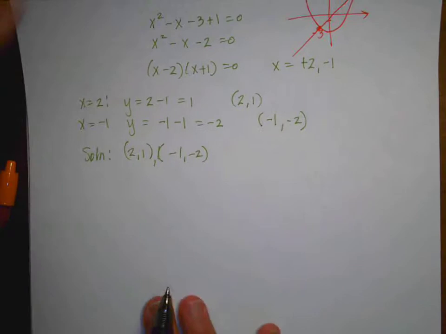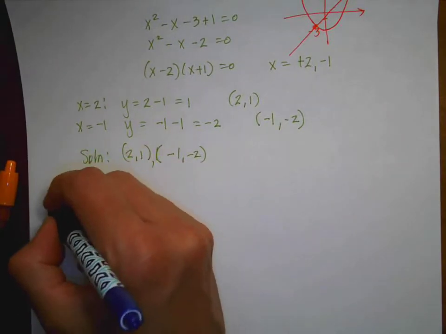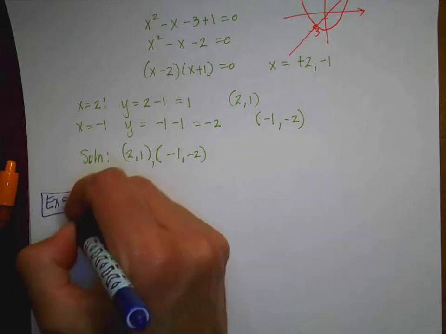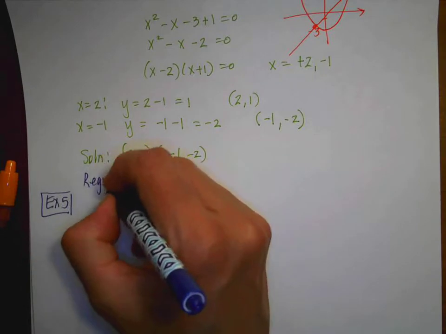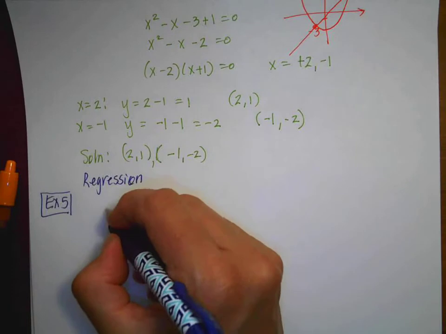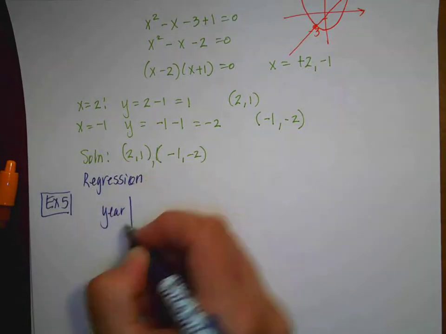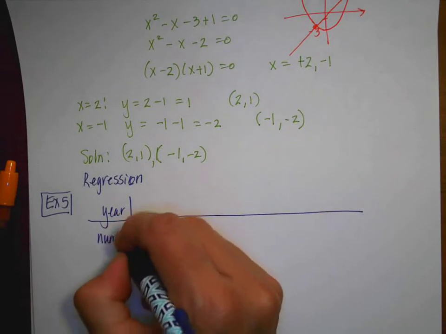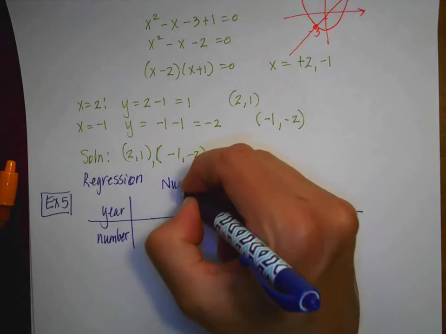The last thing that we're going to do today is go back and remember how to do regression. So our last example, example 5, I'm just going to walk you back through a regression problem. If you'll remember, this is a long process, so I'm just going to walk you through this together. In our data, we're going to have a year, and then the number.